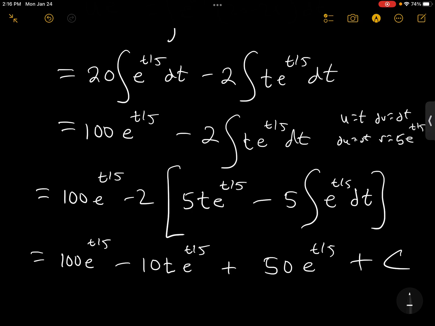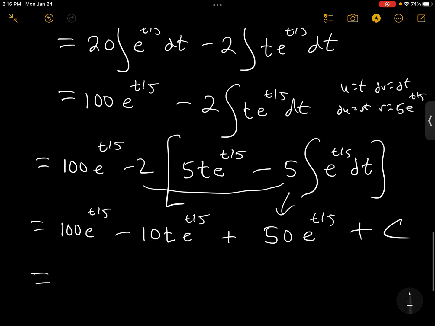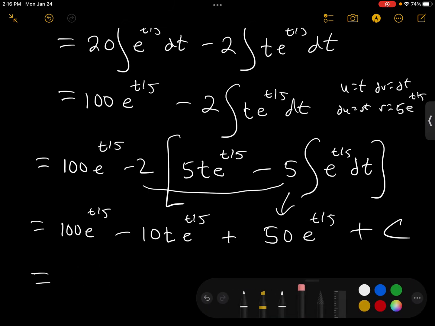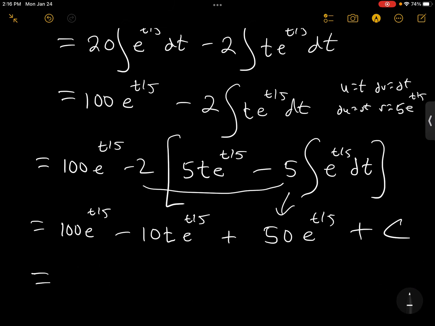Make sure my signs are right. I have minus 2 times minus 5 is 10, and 10 times 5 is 50. Okay. So let's rewrite this. Combine like terms. So this is 150 e to the t over 5 minus 10t e to the t over 5 plus c.